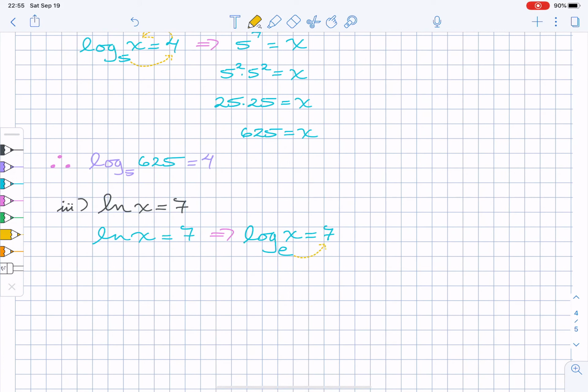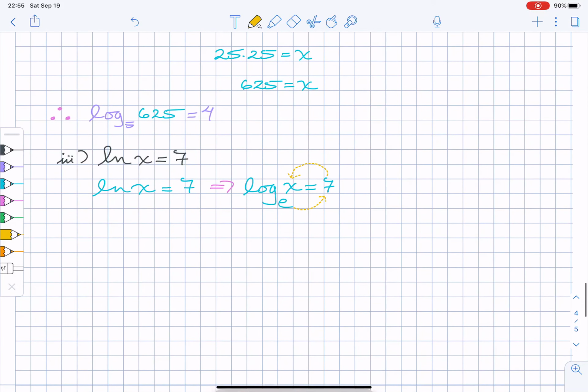So now I can translate from logarithmic to exponential form. So this is going to be equivalent to e to the 7th is equal to x. And we're done, because that's what we're solving for, is x.